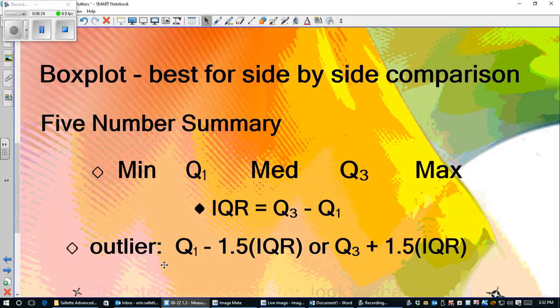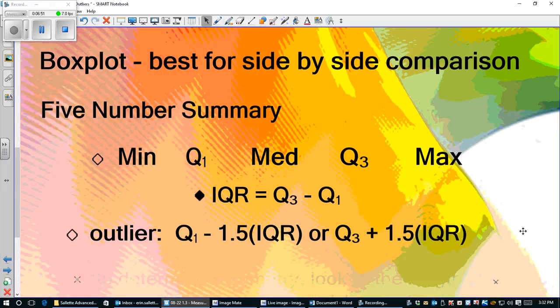If a data value falls below that number, it's an outlier. If you take 1.5 times your IQR and add it to Q3, the quartile right above the median, and your data is above that number, it's an outlier. So this is our first test to see whether or not something is an outlier. These two go in the formulas part of your note guide. You need to know these formulas.